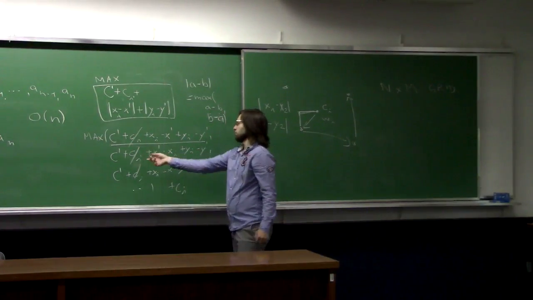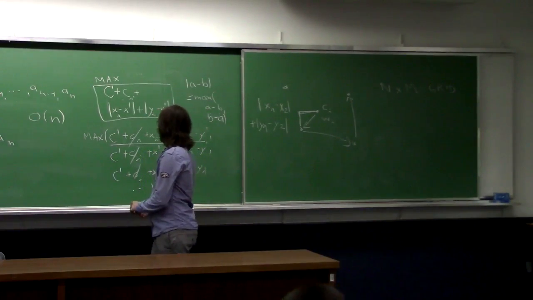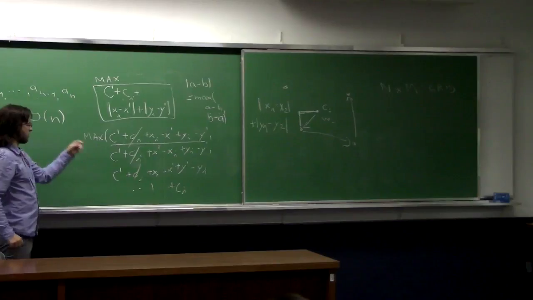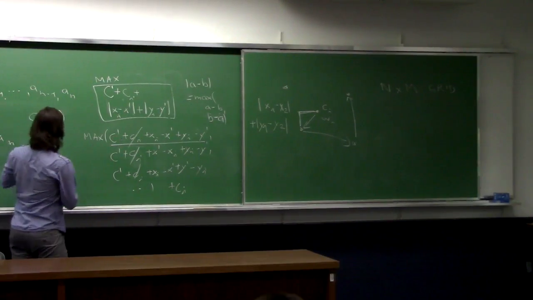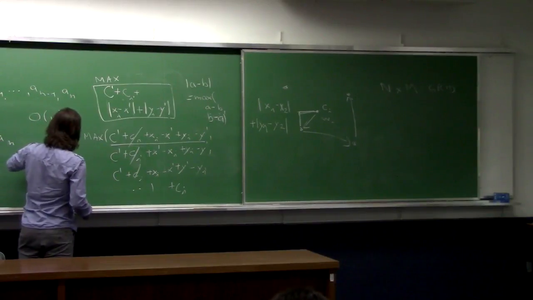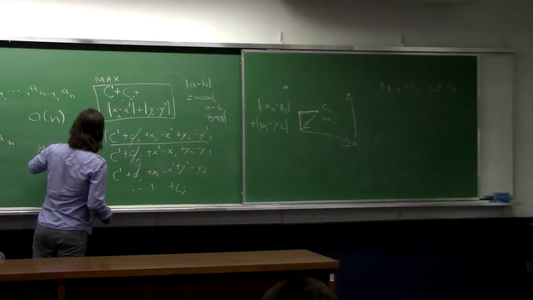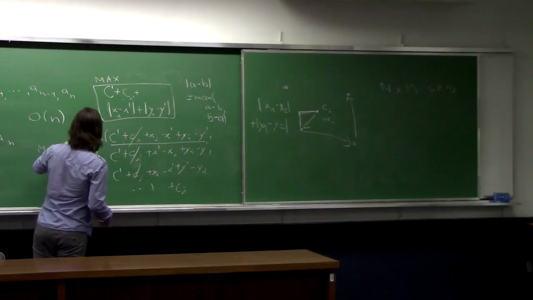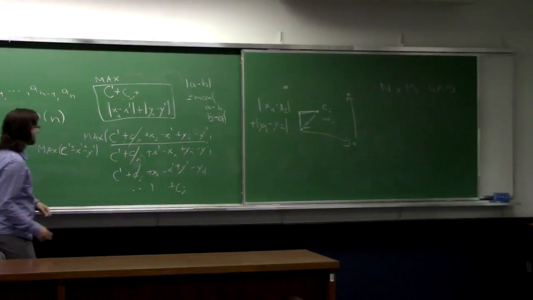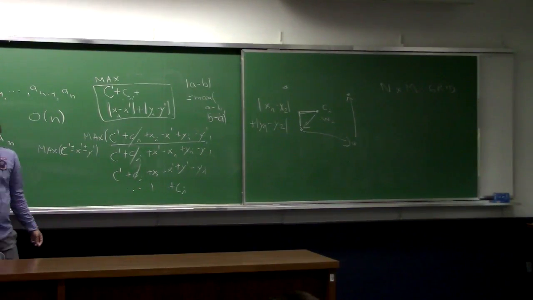We do the same for these four. So what happens is that we just need to keep the maximum of total cost plus or minus x coordinate plus or minus y coordinate.